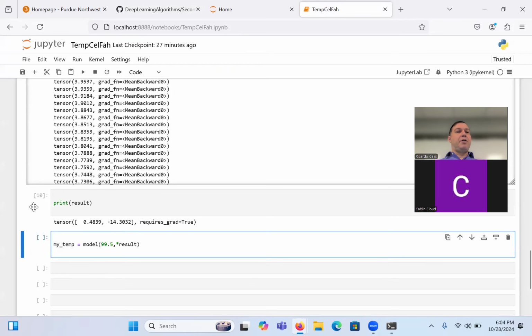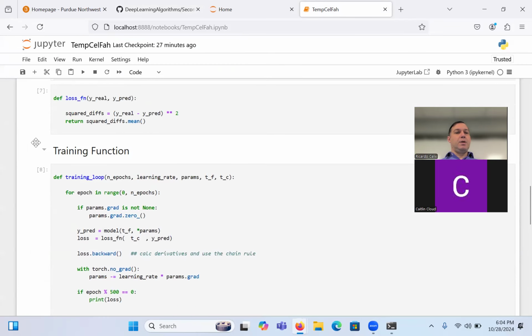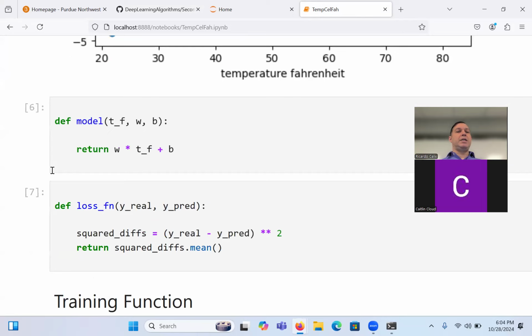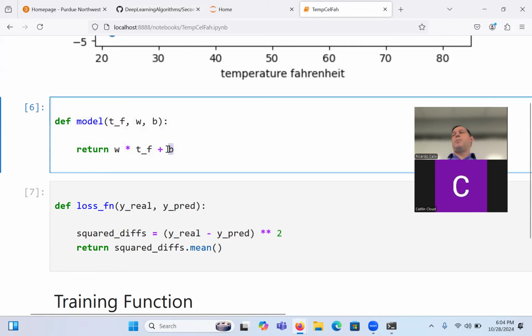So let's take a look at my function. My function model takes in TF, which is the Fahrenheit temperature, and then it accepts W and B. You can pass several things by putting that star in there. It's like a pointer to a thing. And the W and the B are basically used in the equation, and then that's it.